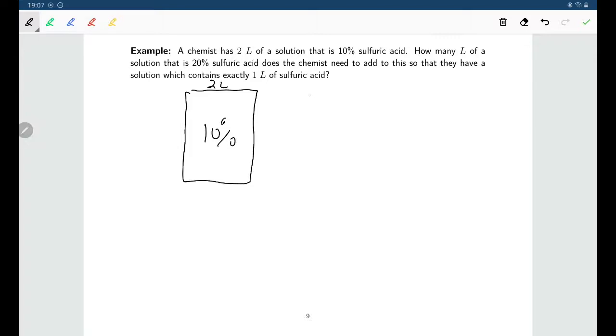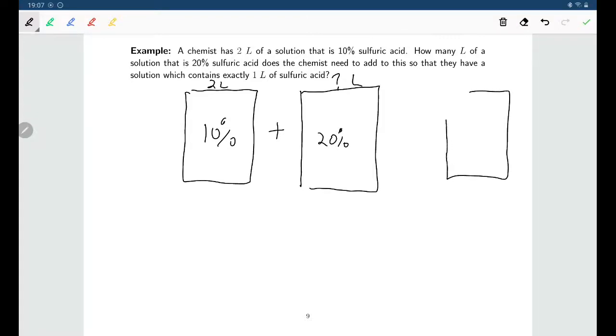And we want to take another solution that's made out of 20% sulfuric acid. We don't know how many liters we're going to take of that one. That's the mystery that we don't know. And when I combine these two together, I'm going to get something that is going to have exactly 1 liter of sulfuric acid in it.